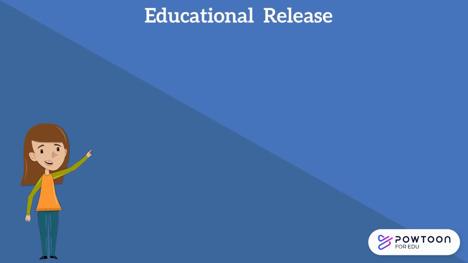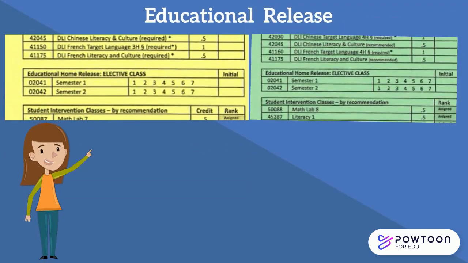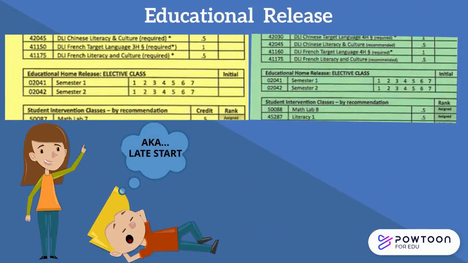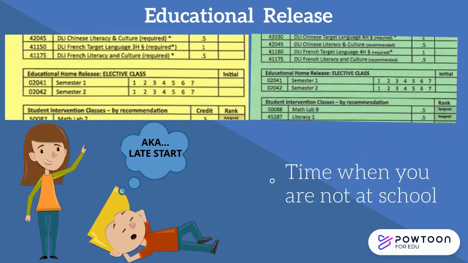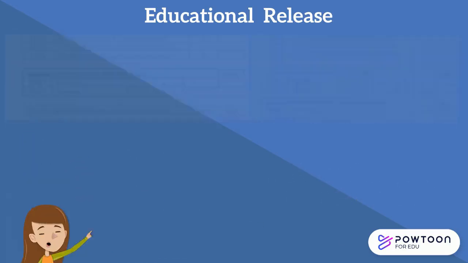The next step is for educational release. Some students refer to this as late start or early out. If you would like to have late start or early out instead of an elective class, please fill it out here. If you're taking educational release for a required class under Step 1, you don't need to do anything here.